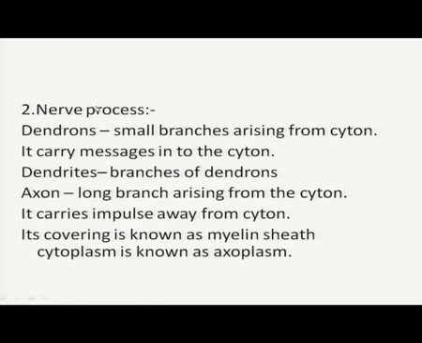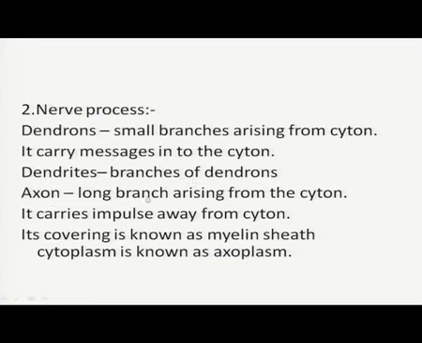So, all these are the nerve processes. Dendrons, the small branches arising from the cytone, and already I have told you, they carry messages from different parts to the cytone. Branches of a dendron are dendrites.